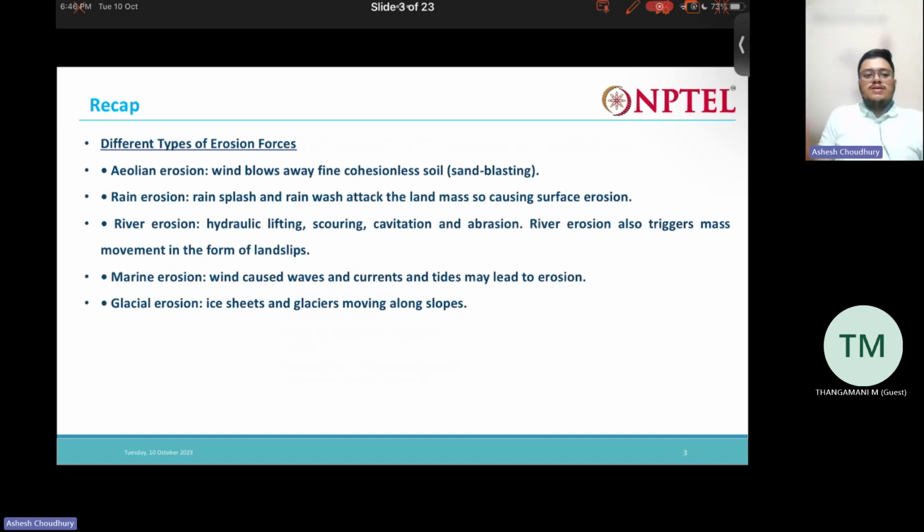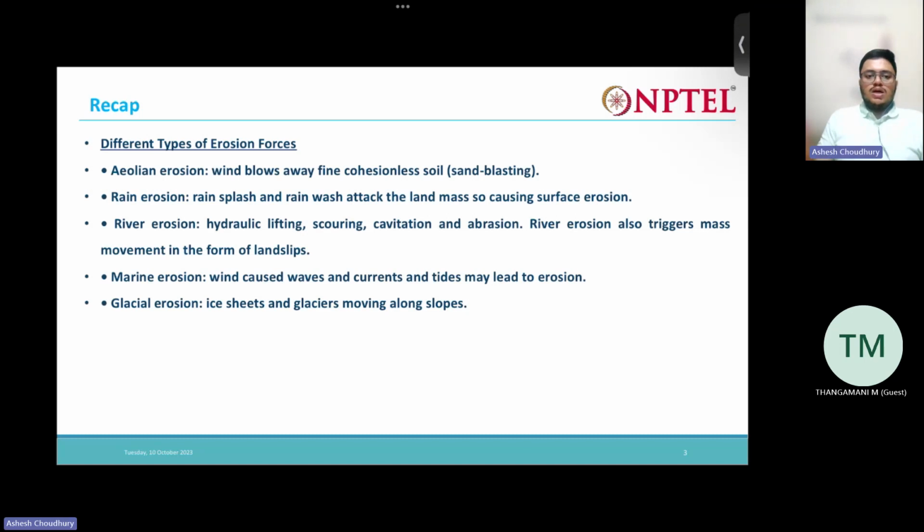Now, what are the different types of erosion forces? One, we have aeolian erosion. What is aeolian erosion? Aeolian erosion means erosion due to wind. When wind blows, fine cohesionless soil gets eroded.